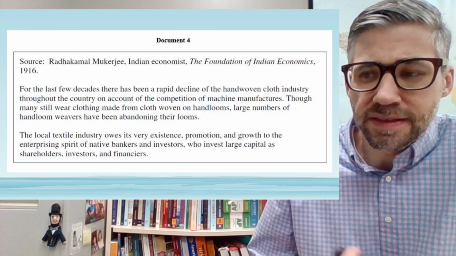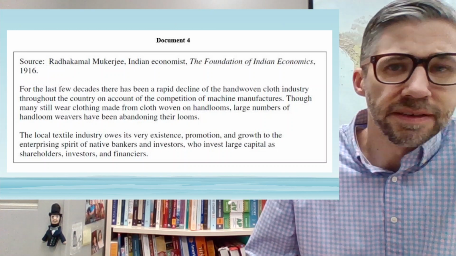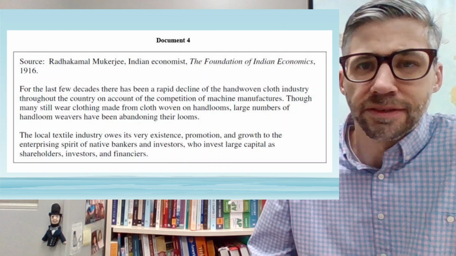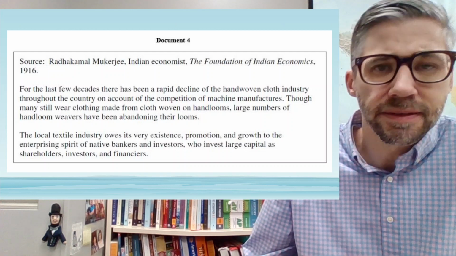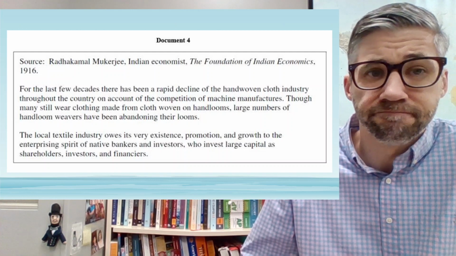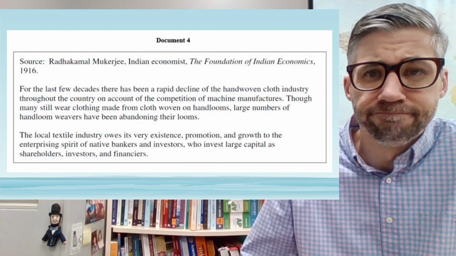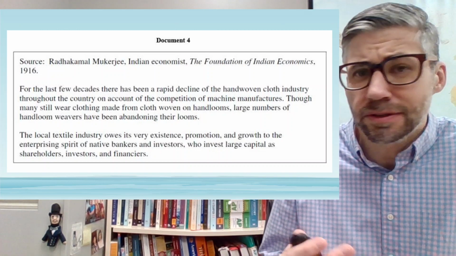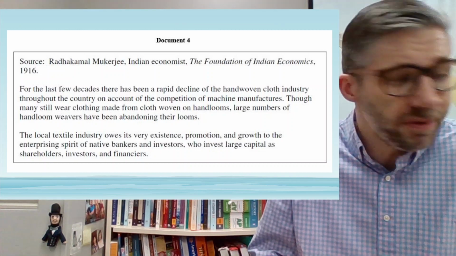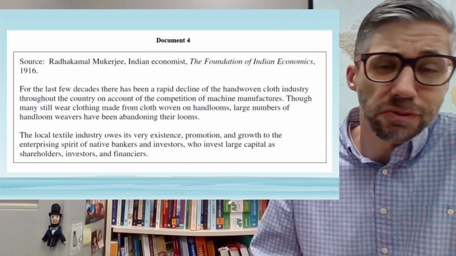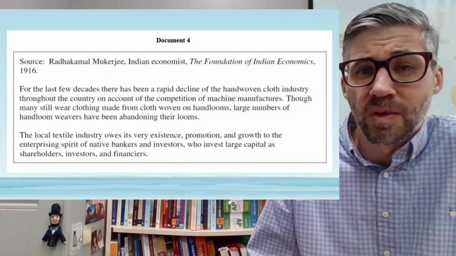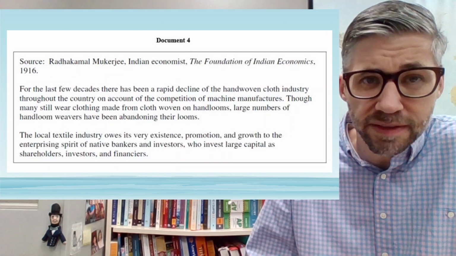So what are we seeing about the industrialization, the development of cotton goods and industrialization in India in this period of time? Does this seem similar? Are we noting any similarities, I suppose, with what we're seeing in Japan? Does this harmonize with what we see in other documents?